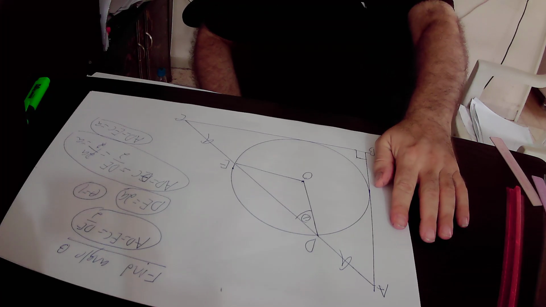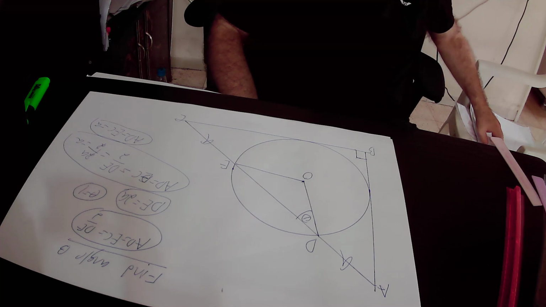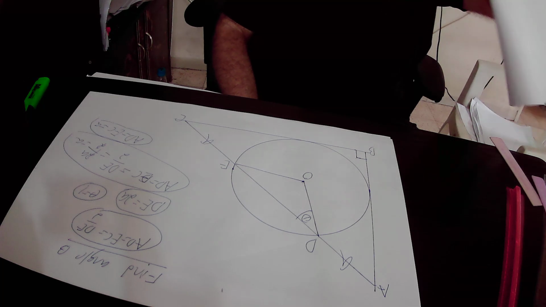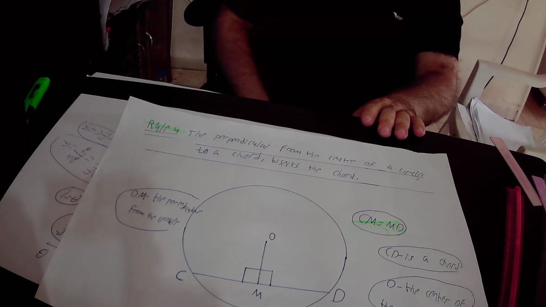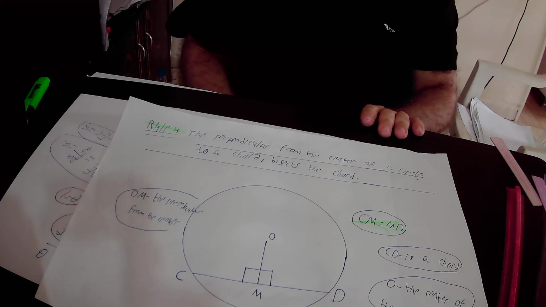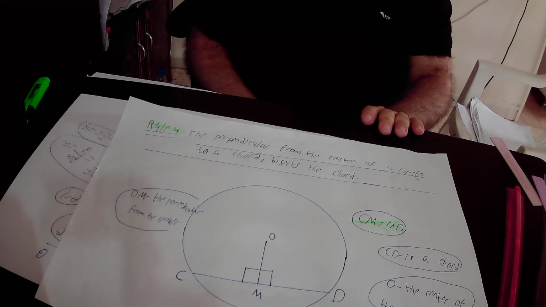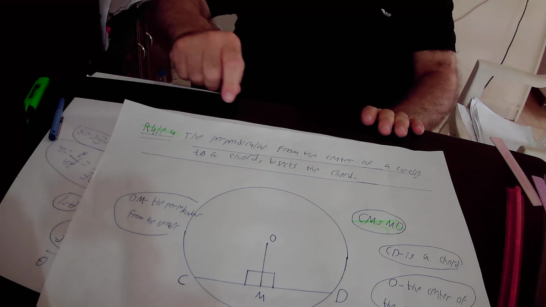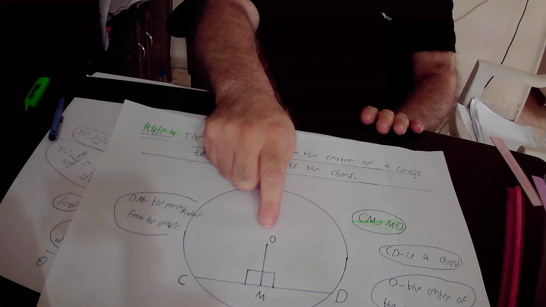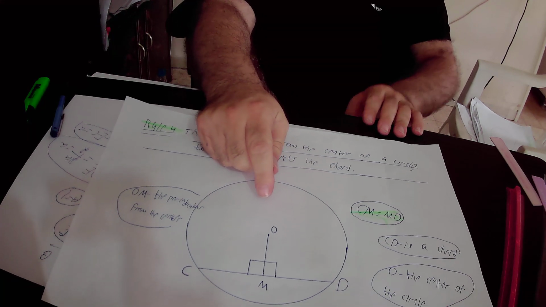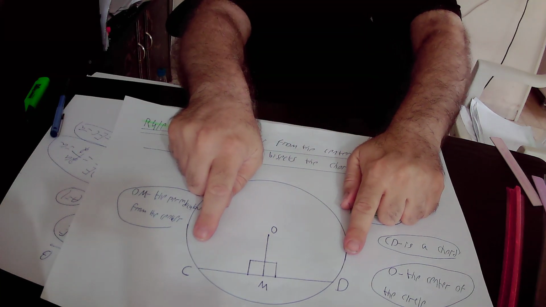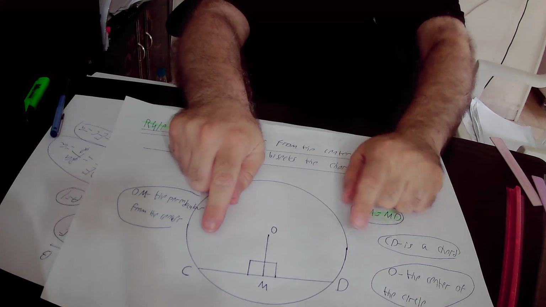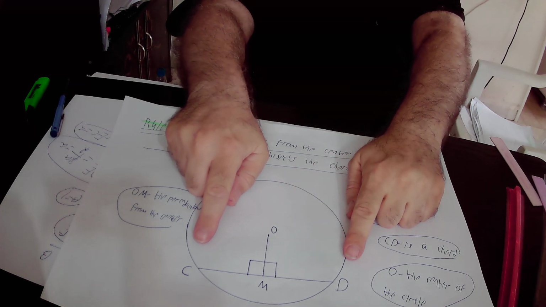Okay. In the next step, I will present to you rule number 4. According to rule number 4, the perpendicular from the center of a circle to a chord bisects the chord. So here, the center of the circle is point O. From point O, we draw perpendicular OM to chord CD. And according to rule number 4, the perpendicular OM bisects chord CD.